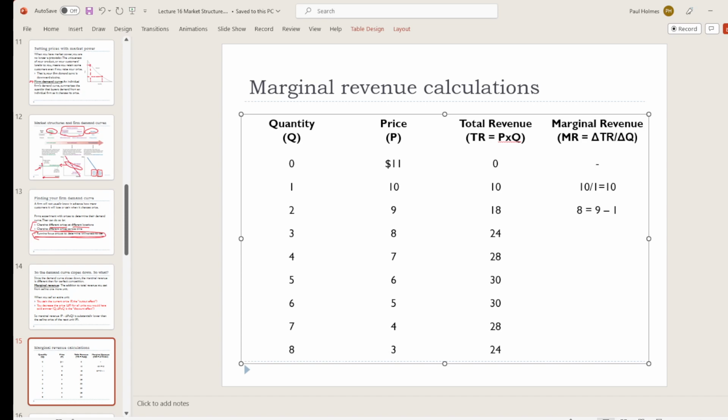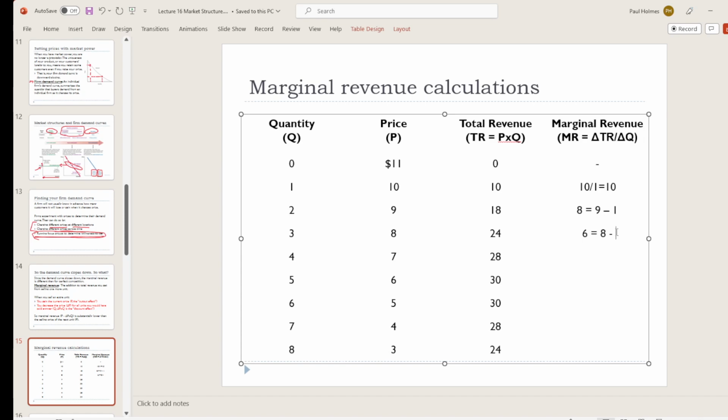For the next one, marginal revenue is 6. An increase from 18 to 24 is an increase of 6. And breaking it down into the output and discount effects, our output effect is we get to sell an extra item at the new price of 8, but we decrease the amount that we're receiving from the 2 that we were already selling by 1.